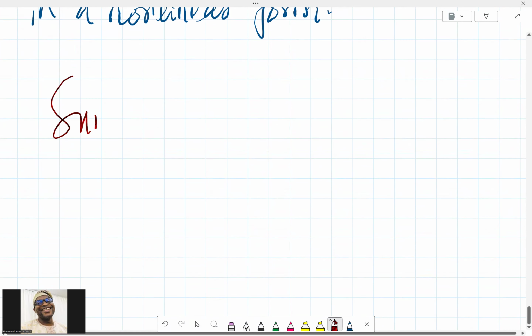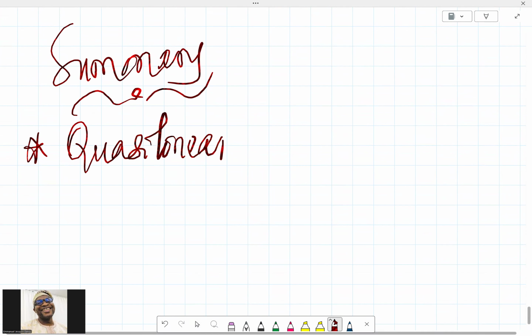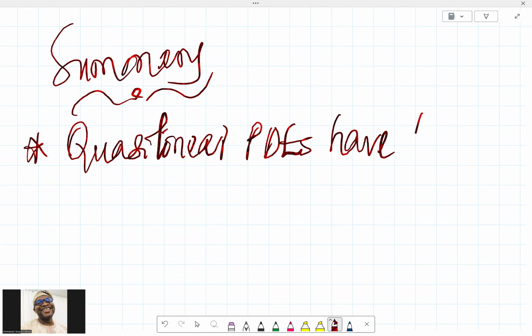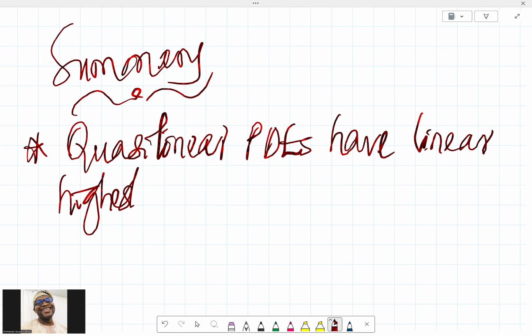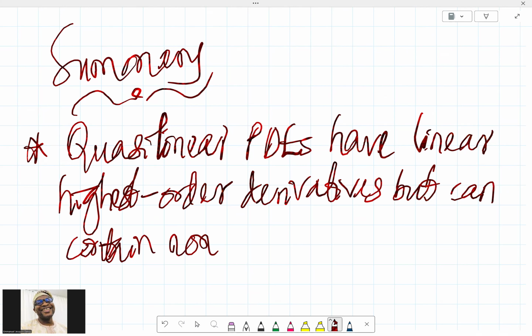So summary. First of all, quasi-linear PDEs have linear highest order derivatives, but can contain nonlinear lower order terms.